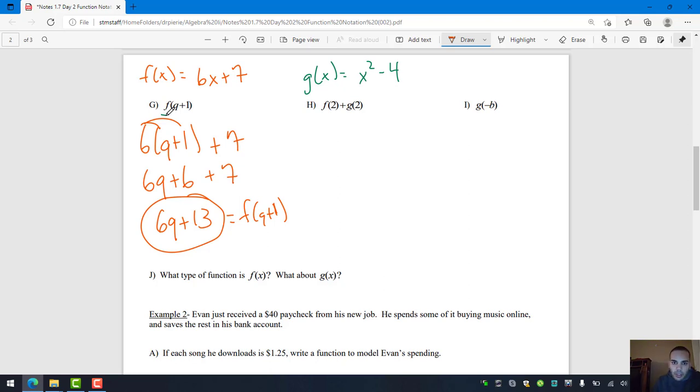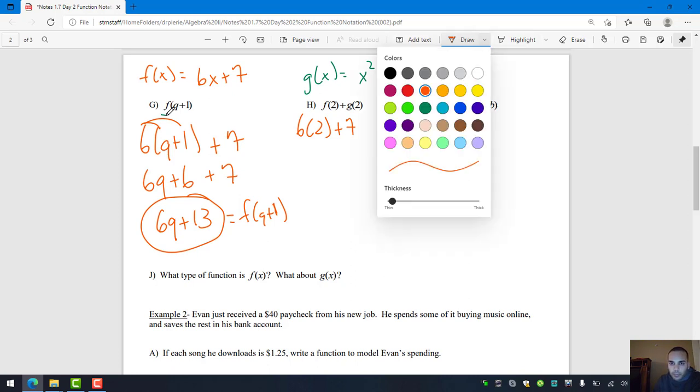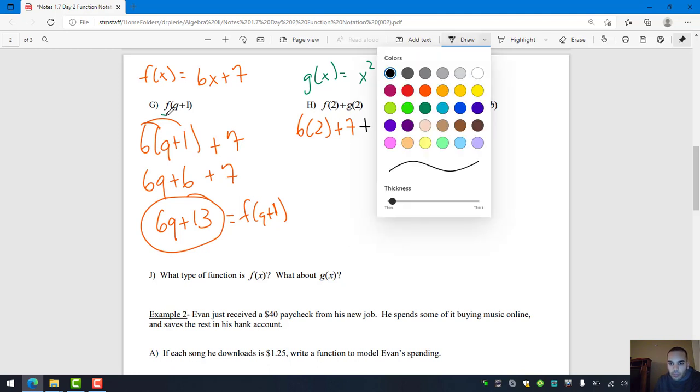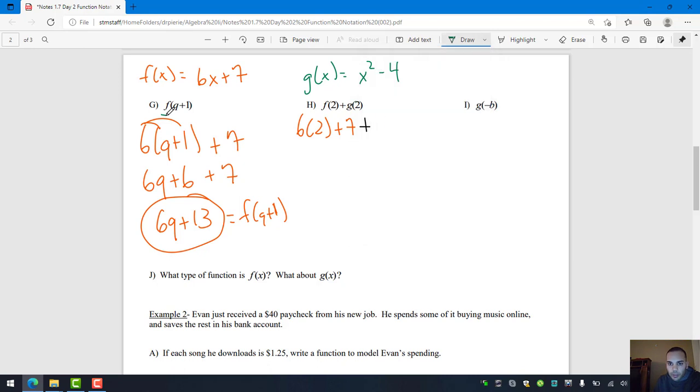Okay, for letter H, it looks like we're combining these two functions, the orange and the green. So we got f of 2 plus g of 2. What that means is I'm going to plug this 2 into the f equation and this 2 into the g equation, and then squeeze the two things together. So when I plug in 2 into the f equation, I should have 6 times 2 plus 7. And then I'm adding, when I plug in 2 into the g equation, I'll have 2 squared minus 4.